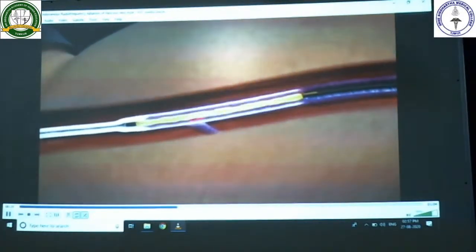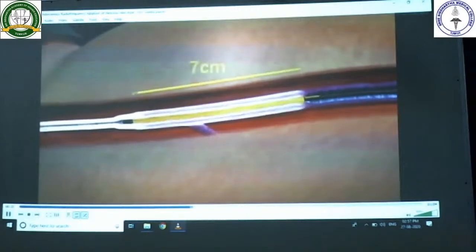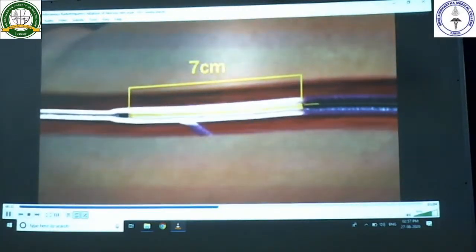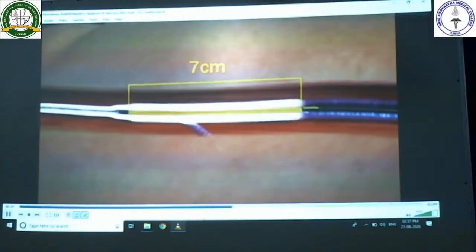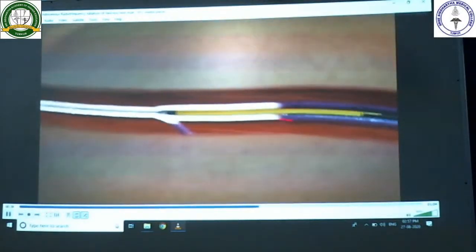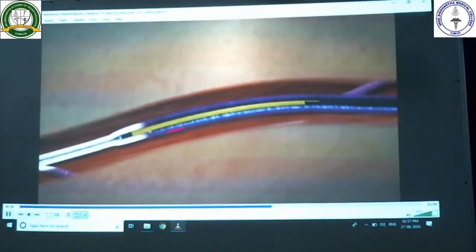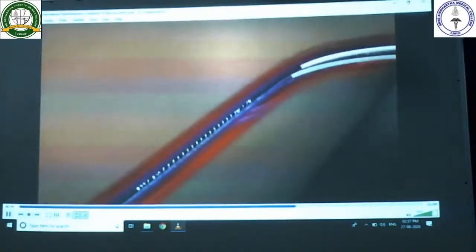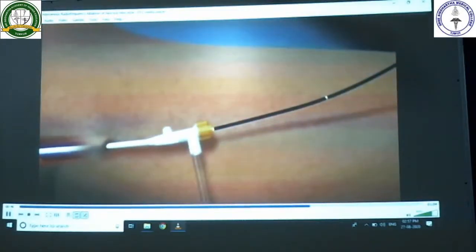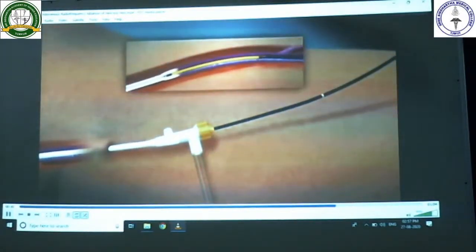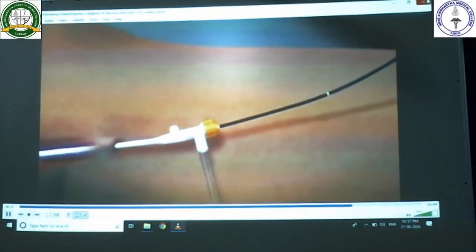About 7 centimeters they will discharge it, again they will dry and they will burn it. Like this. That is called endovenous radio frequency ablation. Again, they will draw about 7 centimeters. They will identify it by ultrasound like this. This is the videograph showing endovenous radio frequency ablation.